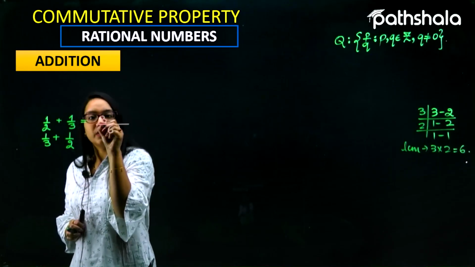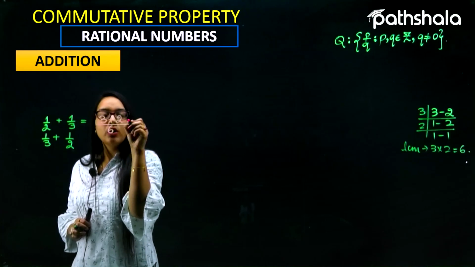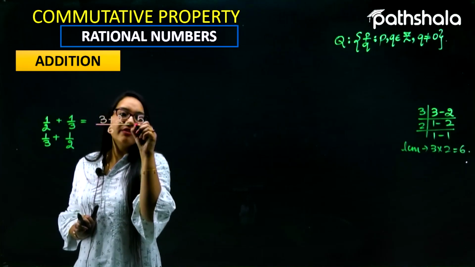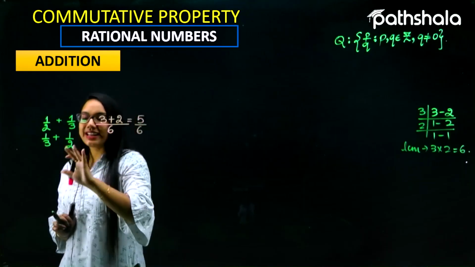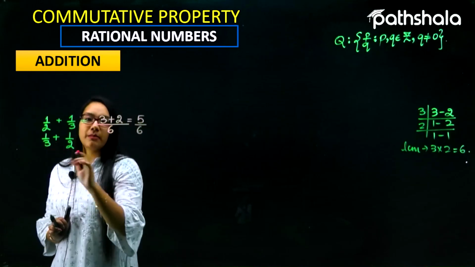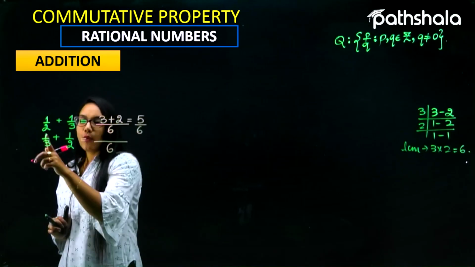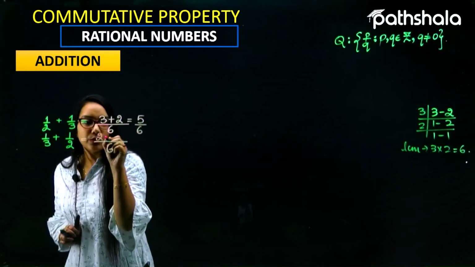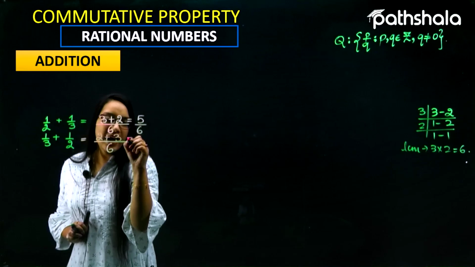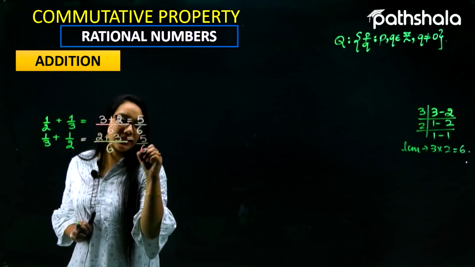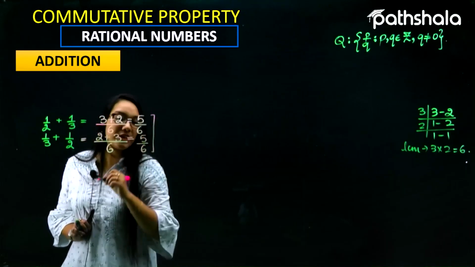The answer will be 3 plus 2, which is 5 by 6. For the second case, 1 by 3 plus 1 by 2, the LCM remains the same, that is 6, so the answer will be 2 plus 3, and it is nothing but 5 by 6.